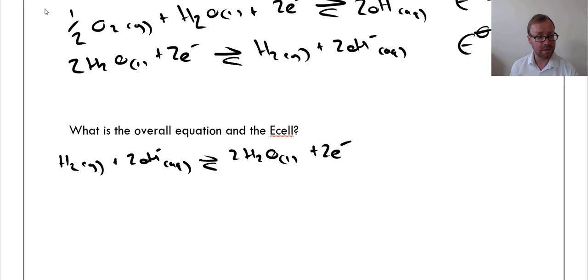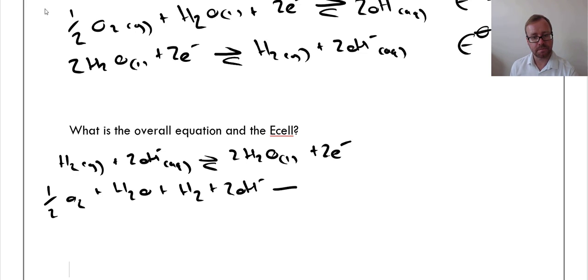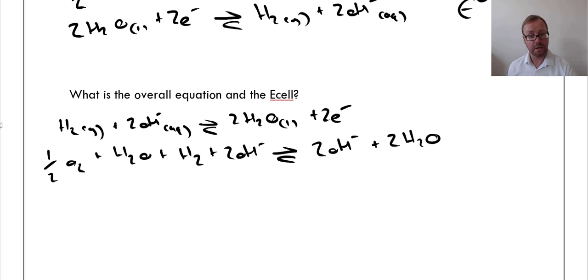So half O2 plus H2O plus H2 plus 2OH- forms 2OH- plus 2H2O. I'm not going to write the state symbols in just yet, because you may notice that I can cancel some of these out.